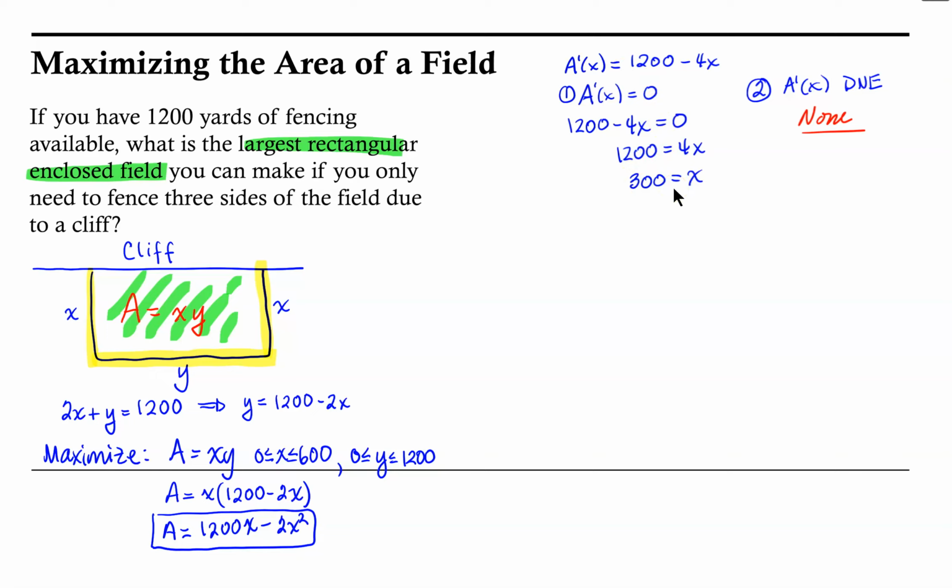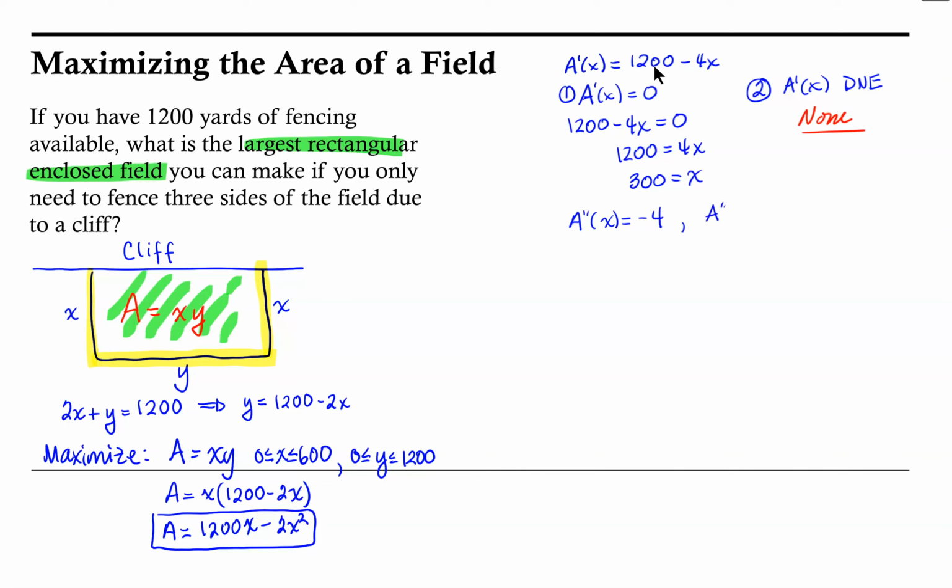And now we need to think about verifying that we have indeed found a maximum. Given that this is a nice, easy function to find the second derivative of, I'm going to use the second derivative test. So A double prime of x is going to be equal to negative 4.